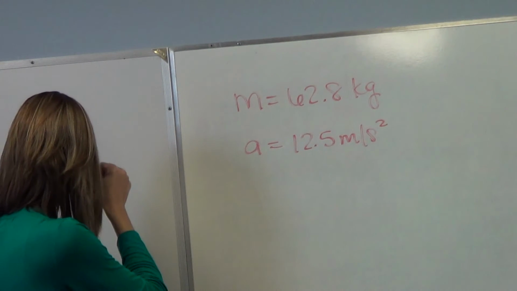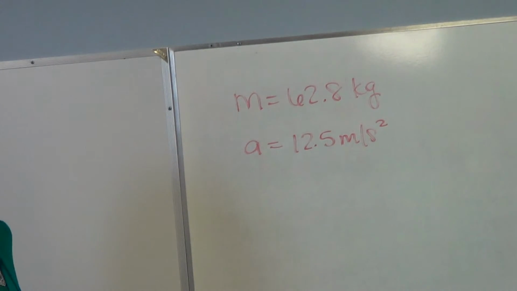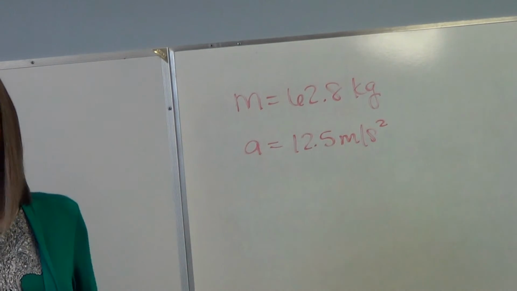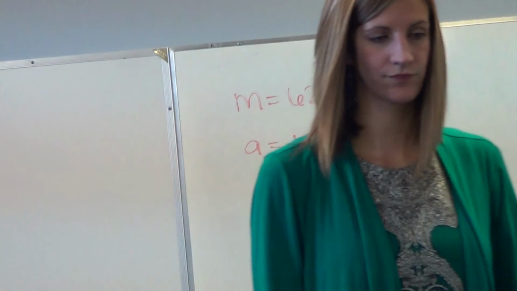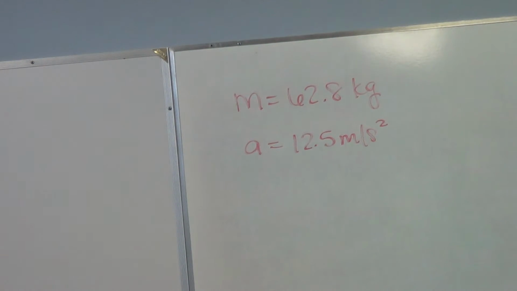So first draw your free body diagram. Good. But the air resistance arrow should be longer, right? Yes, technically.